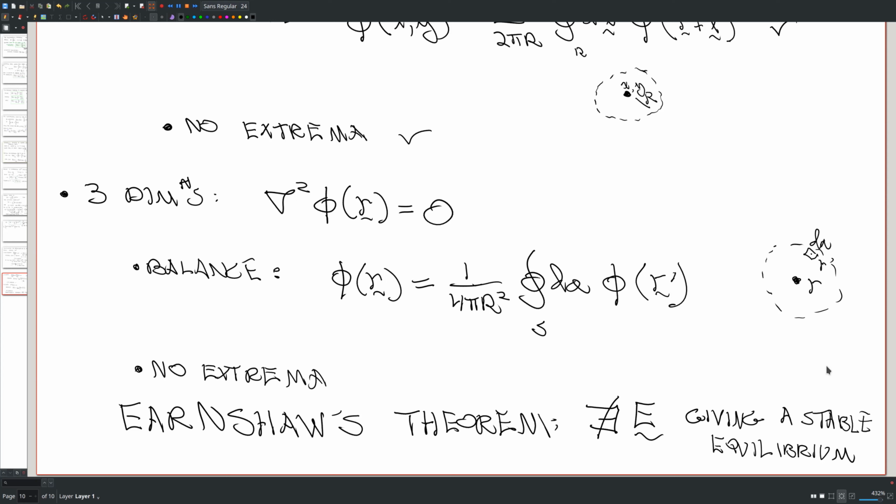Electrostatic fields, I'll just say it and then come back to it, originate from potentials which are solutions to the Laplace equation in 3 dimensions or in 2 dimensions. These solutions have no extrema.